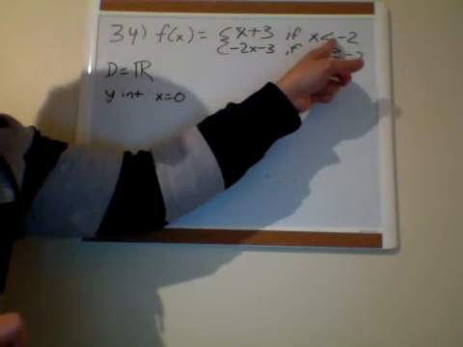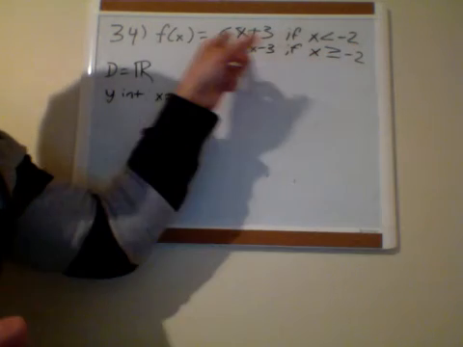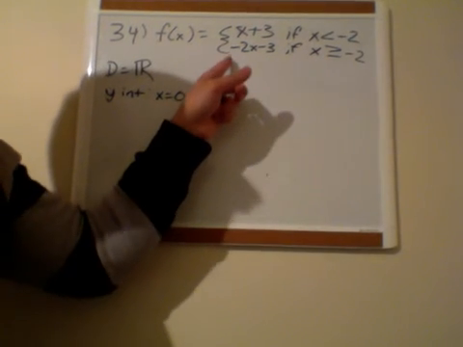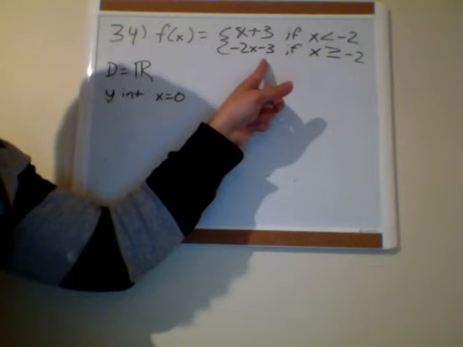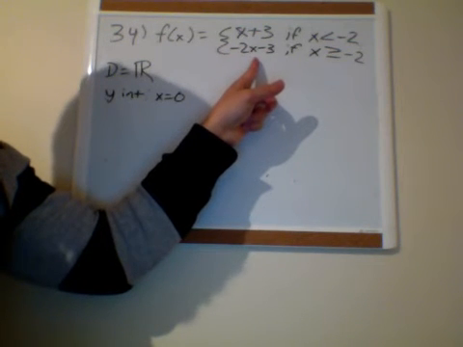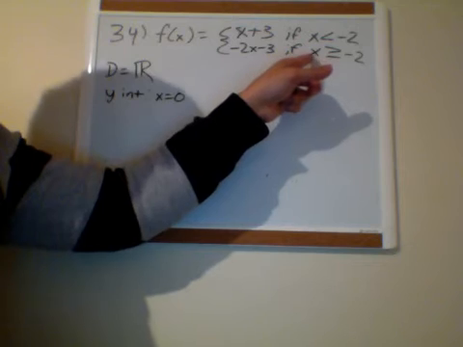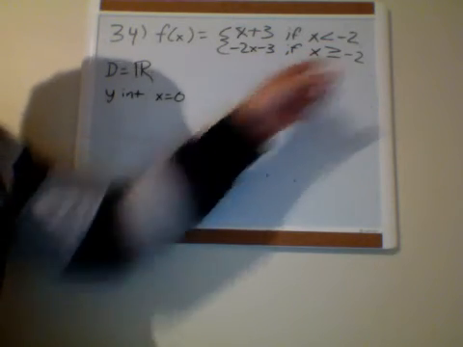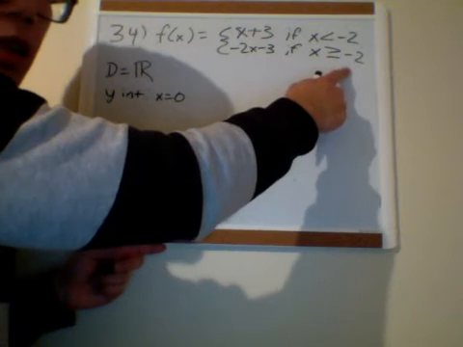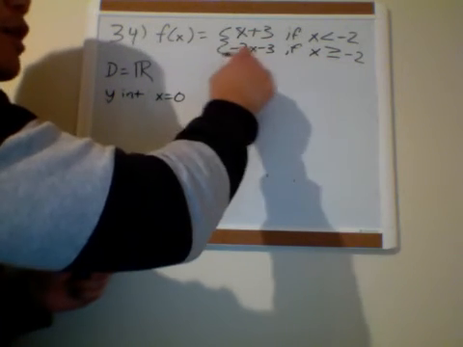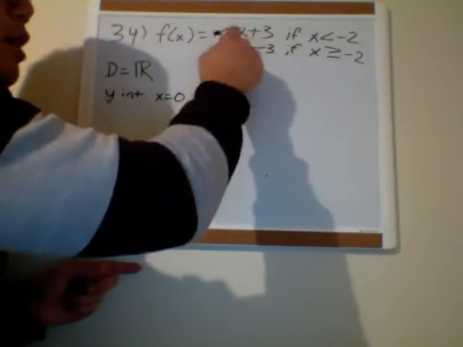Because here x will be less than -2. So my y-intercept can only occur on the bottom part of the piecewise function. So once again, since x is greater than or equal to -2, x is equal to 0 does fall within that. So this is the only one that I need to check.